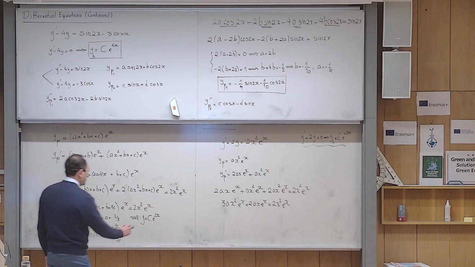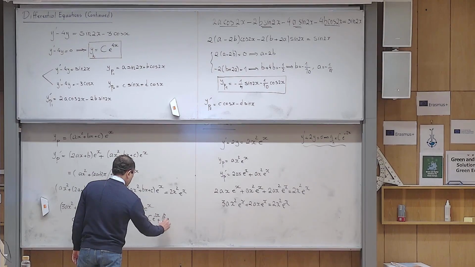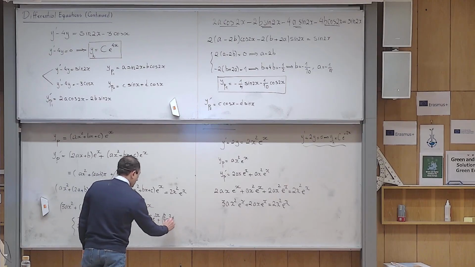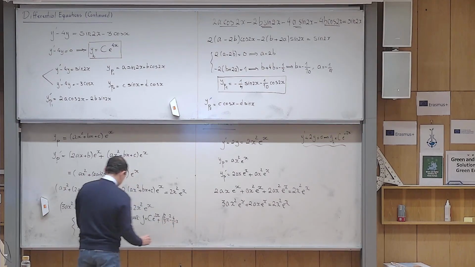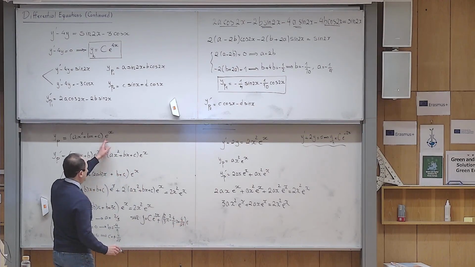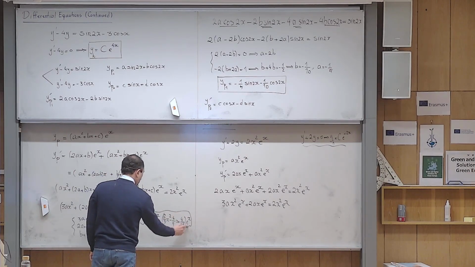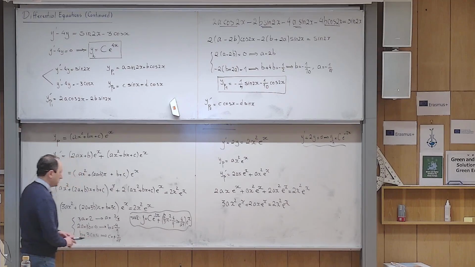So it becomes plus 2/3 of x squared minus 4/9 x plus 4/27, and then e to the power of x. So we can check it using Wolfram Alpha if we have done everything fine.